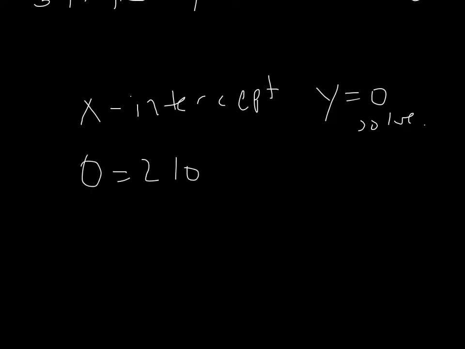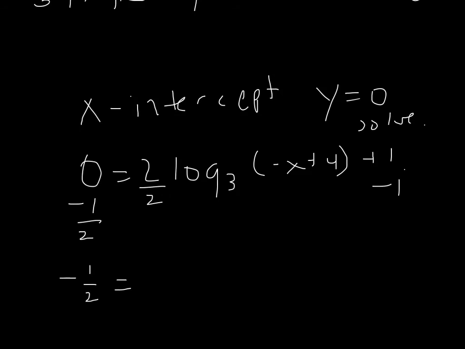So let's see, an x-intercept. What we're going to do is set y equal to 0 and solve. So when we do that, we have 0 equals 2 log base 3 of negative x plus 4, plus 1. So we'll subtract the 1 and divide by 2. On the left-hand side, we have negative 1/2, and on the right-hand side, we have log base 3 of negative x plus 4.